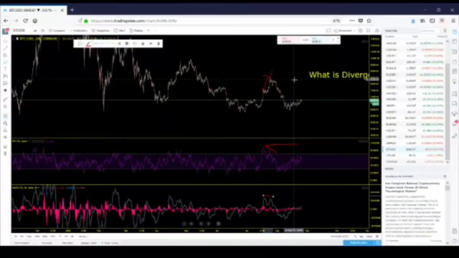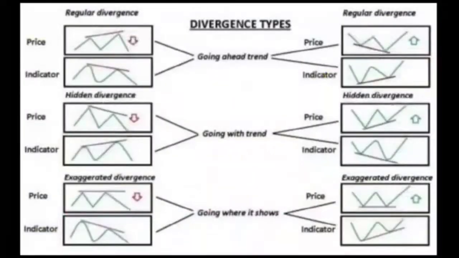I can't go through the charts and show you the different types of divergence, but I have a chart to show you. If you look closely on this chart, there's regular divergence and there's hidden divergence. When you're looking at divergence, you have to look at it in an inverse way.